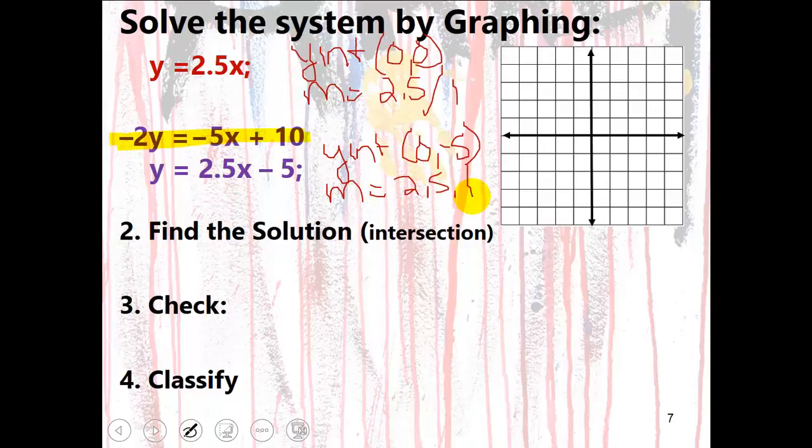And so my first line, this should have been all in purple. I'm in red, so I'm going to do this one right here in red. And here we go. And I'm going to go up 2.5 over 1, and up 2.5 over 1, and down 2.5 over 1, and down 2.5 over 1.